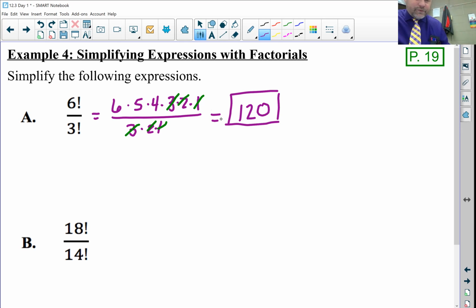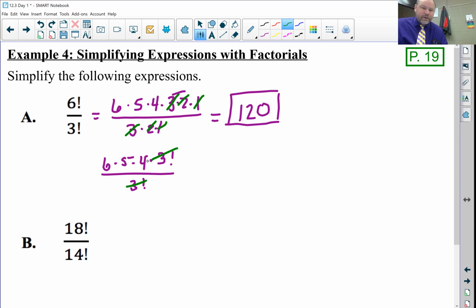One way to think about this is 6 factorial is 6 times 5 times 4 times 3 times 2 times 1, but 3 times 2 times 1 is 3 factorial. And so 3 factorial would cancel with 3 factorial. That's another way to think about it. So you're not writing out everything, especially if you look at letter B.